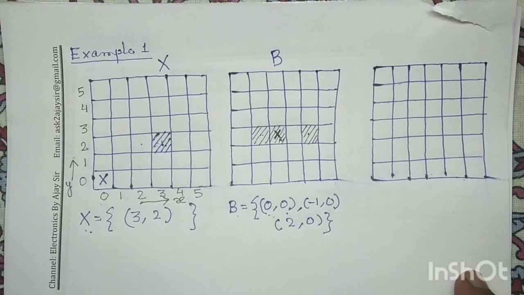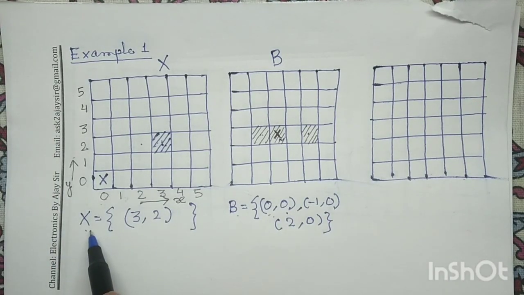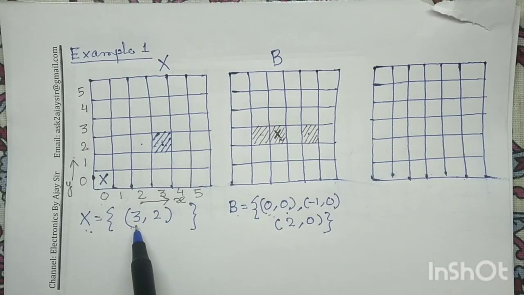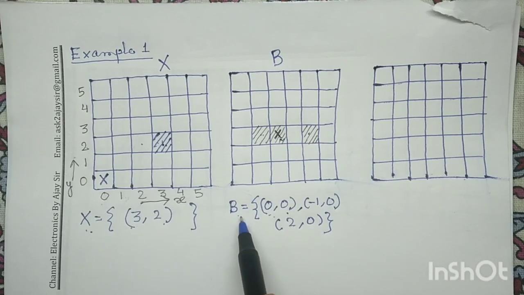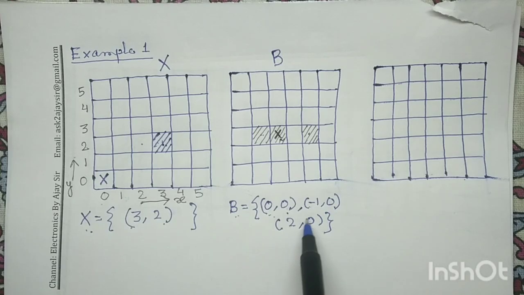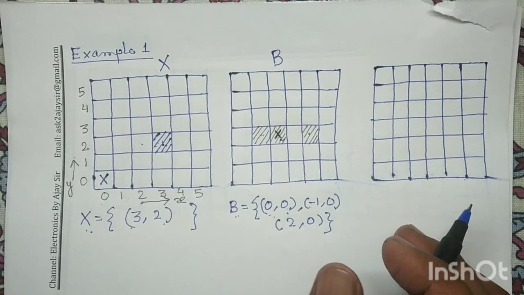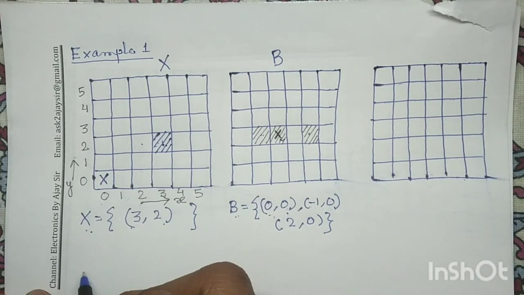Okay, so we have written the image set X, whose coordinate is 3, 2, and we have written the structuring element set B, whose elements are 0, 0, -1, 0, and 2, 0. Now we have to perform the dilation operation.